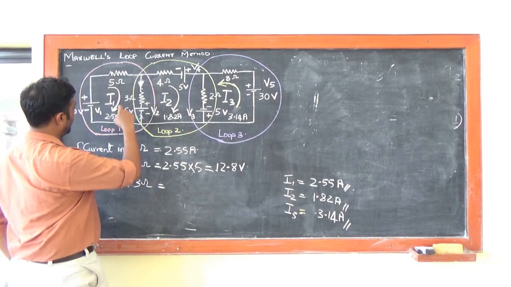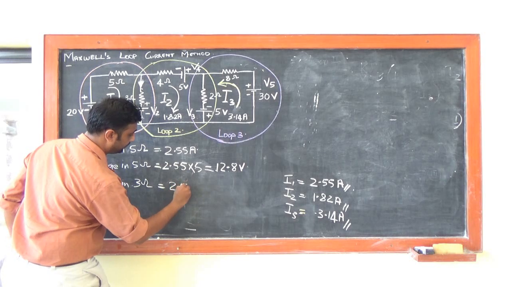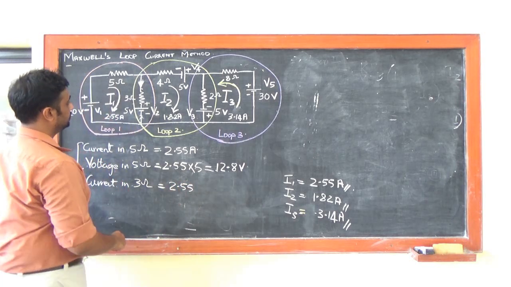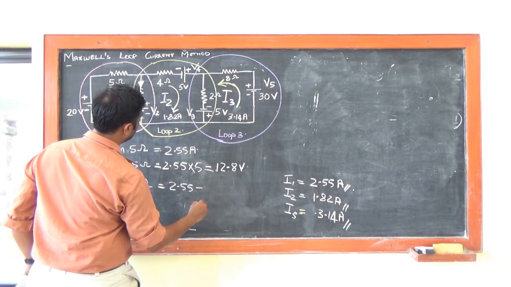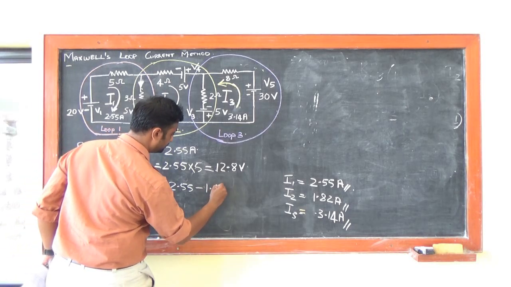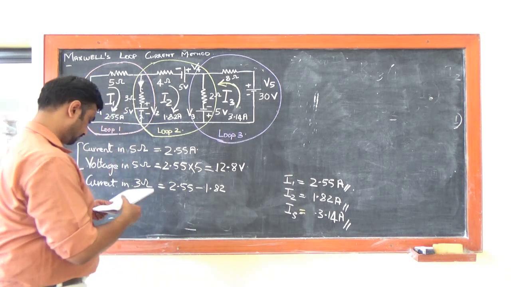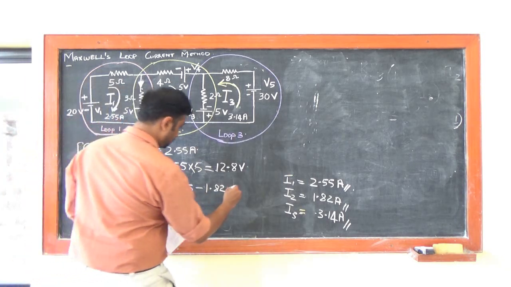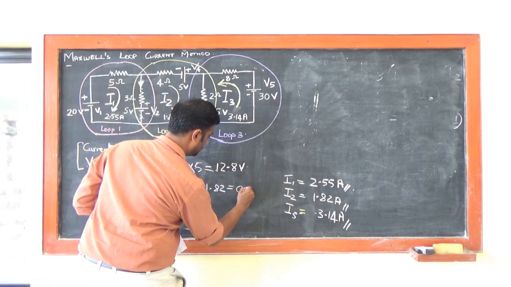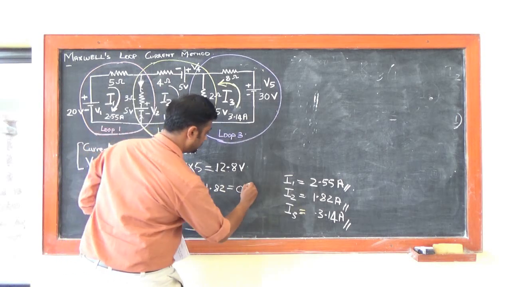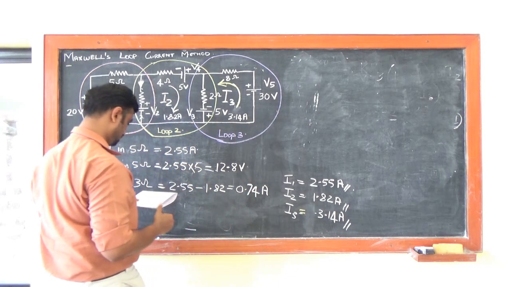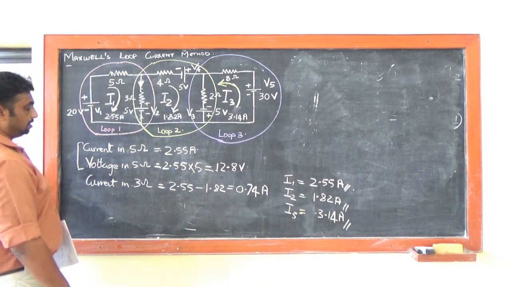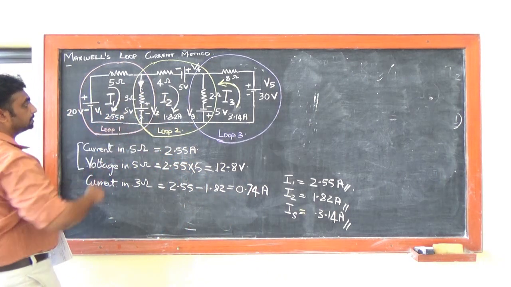So I1 is 2.55 minus 1.82, which is equal to 0.74 amps. So we got the current flowing in this 3 ohms resistor.